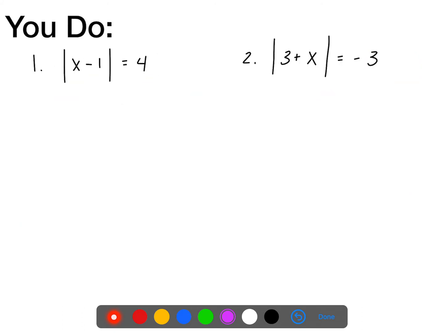What if I said try absolute value of x minus 1 equals 4 and the absolute value of 3 plus x equals negative 3?